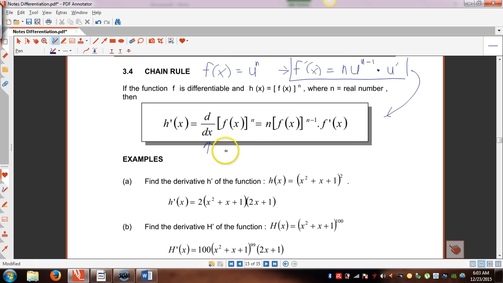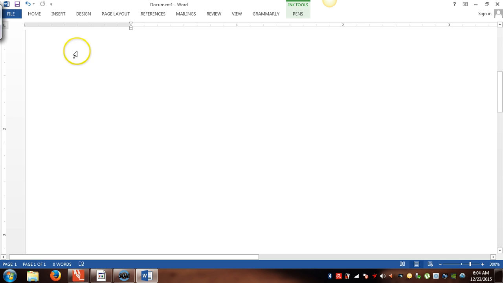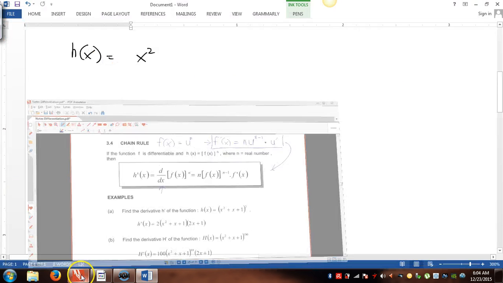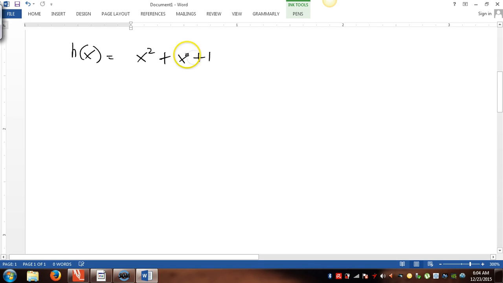Okay, look at example number 1. Find the derivative h prime of the function h x equal to x squared plus x plus 1, all squared, so n equals 2. We have to find h prime x.